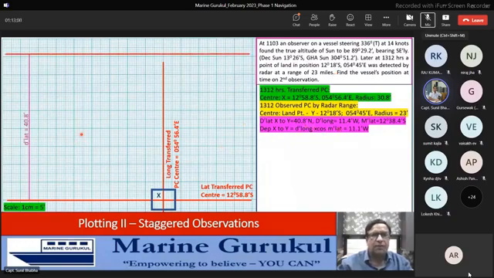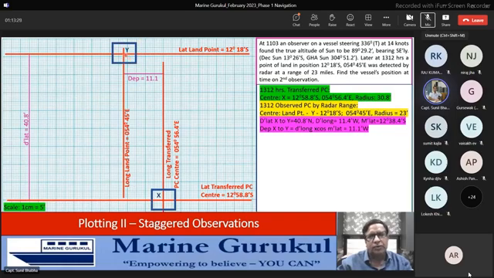We mark off that DLAT and we get this is the latitude of point Y. Likewise, we can mark off the departure from X to Y and get the longitude of point Y, and obviously then where it intersects here is the point Y, and this point Y is going to be the center of the position circle, which is by radar range. So what we have done, we have plotted point X and Y.